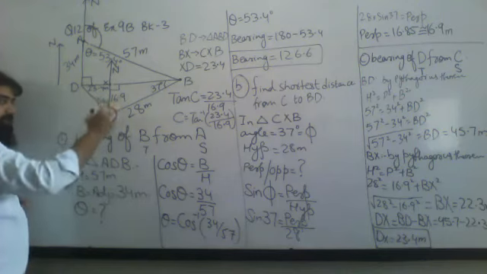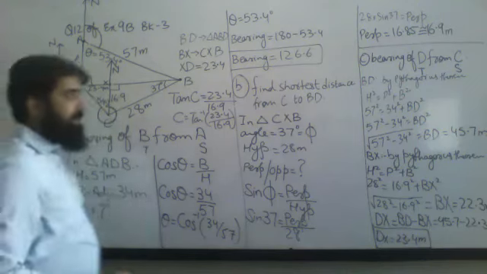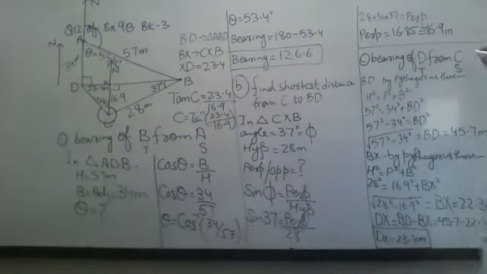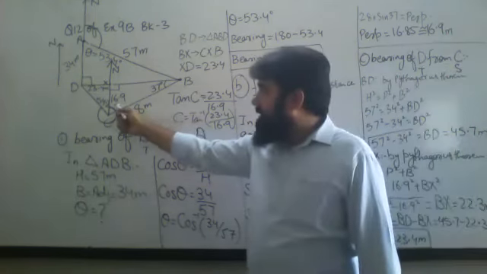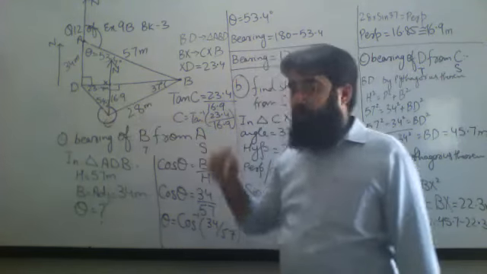The whole circle will be 360. If I subtract this, I will get my bearing. So I will subtract 54.2 out of 360.